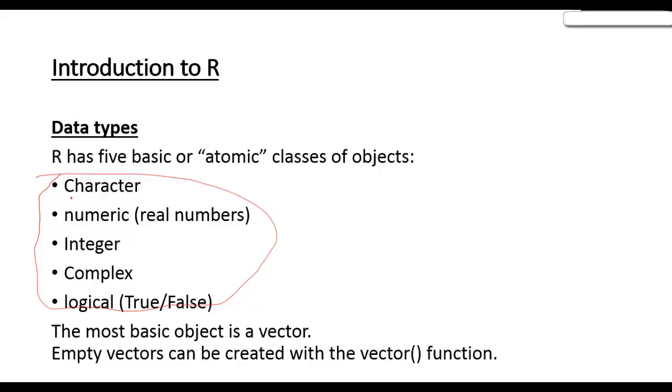Character, you can use as a string as well. Numeric contains both double and integer number representations. We do have an integer separately, but normally it comes under numeric. Complex is a separate type of number representation, and logical.